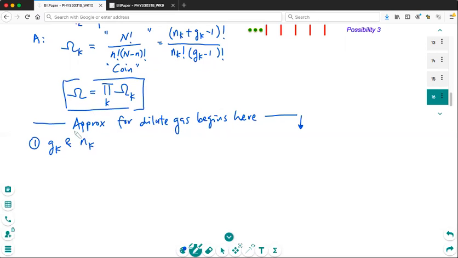This is what I demand. Okay, this is not really dilute, but we know they are large. This is the first step. So in this case, I can ignore this one, right? This GK is such a huge number. I don't care about this minus one. So my omega k will be approximately NK plus GK factorial divided by NK factorial divided by GK factorial.